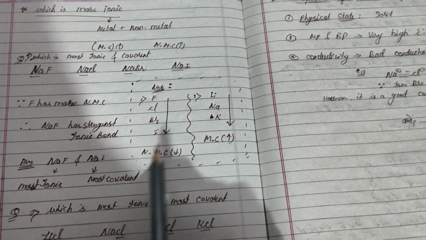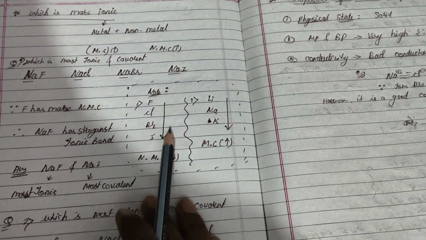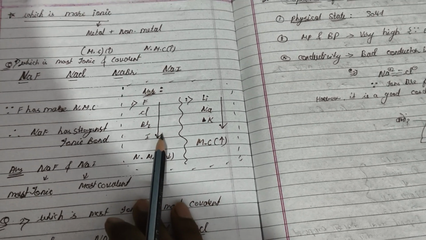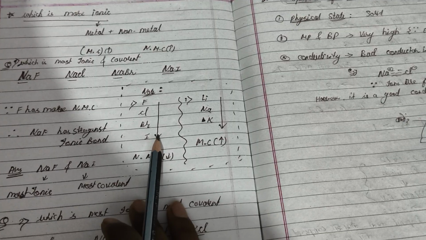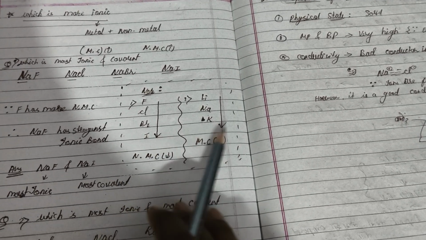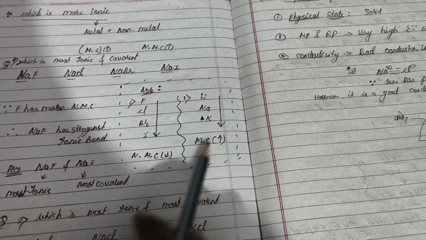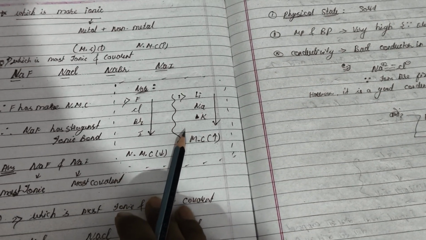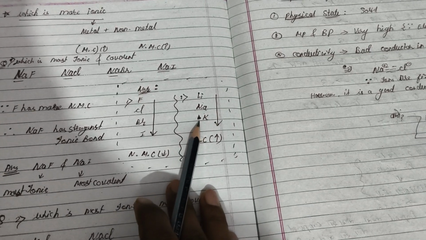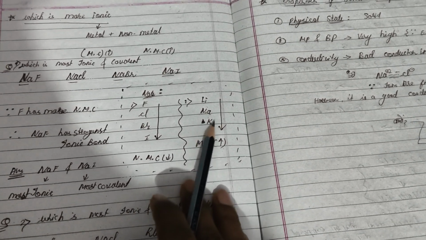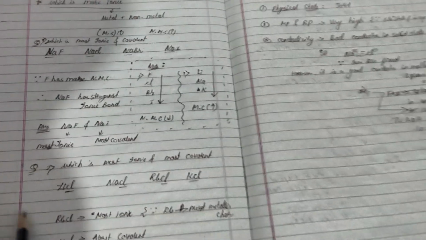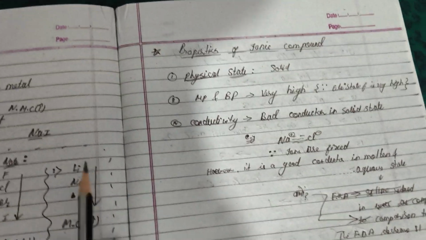As we move from upside to downwards in the periodic table, non-metallic character decreases, while in contrast metallic character increases as we move downwards. There are some questions, and we should take care of all these properties of ionic bonds.